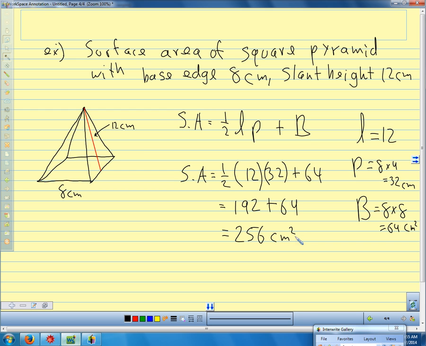So this one was nice. They gave us everything we needed. Our base is our key, and for pyramids, for the surface area, the slant height is the key. All right, questions on that example?